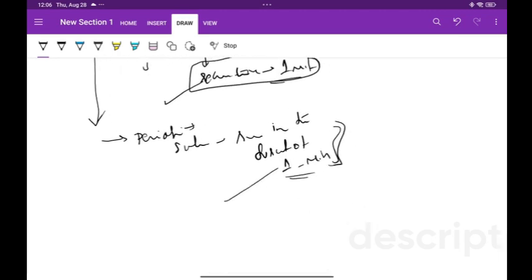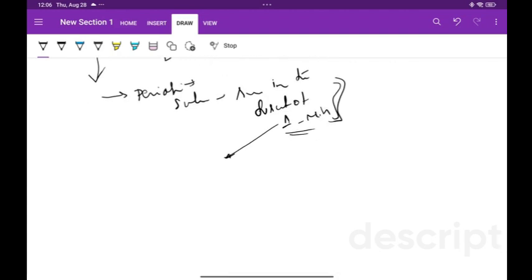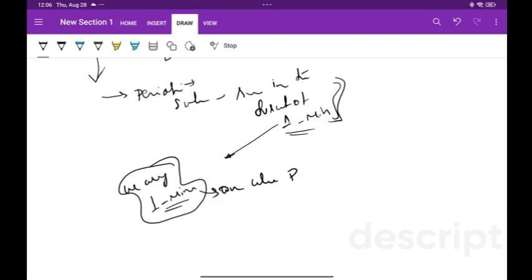But here we are just saying 1 minute as a recovery. On what parameters are you saying that your application will come into a consistent state in 1 minute?